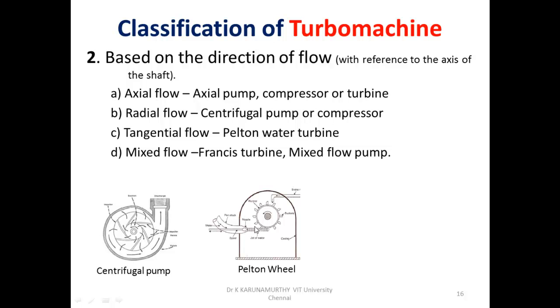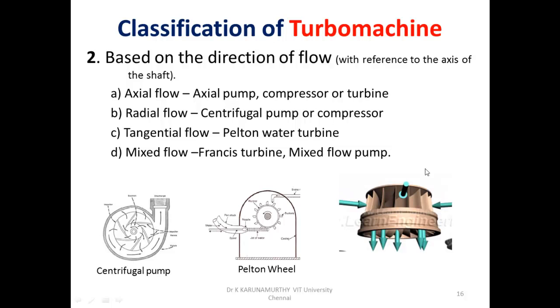This high velocity jet of water impinges on the blades of the turbine, thereby making the turbine rotate. So this turbine has a circular shape, and the jet of water which strikes the blades is in the tangential direction. This is like a tangent to the circle. So this flow we call tangential flow.